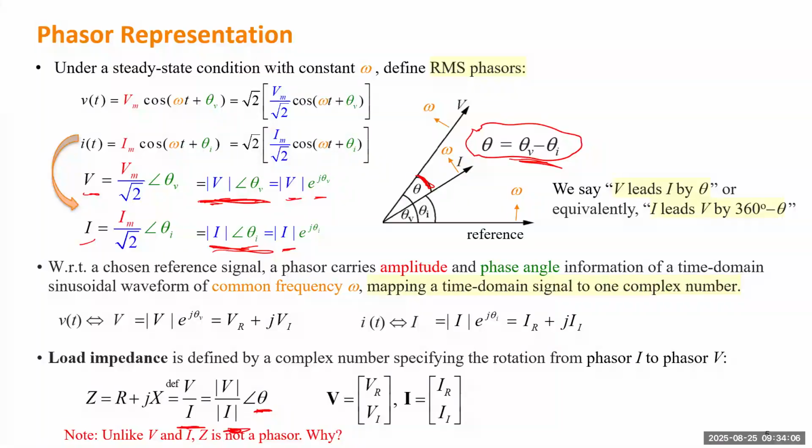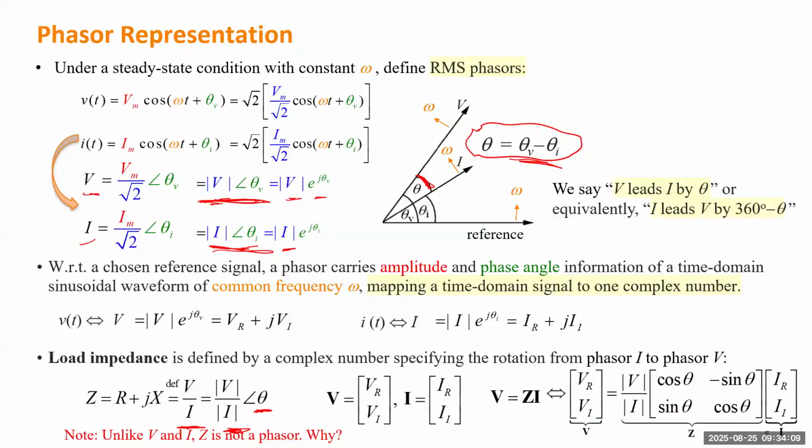So what Z is doing is really just a transformation of the current vector to the voltage vector. So Z actually is a matrix. Okay. So in power systems, because we define any phasor which corresponds to some sinusoidal waveform, we can call voltage and current phasors, but impedance is still treated as a complex number by itself. It is not a phasor. So my suggestion is not calling impedance a phasor.